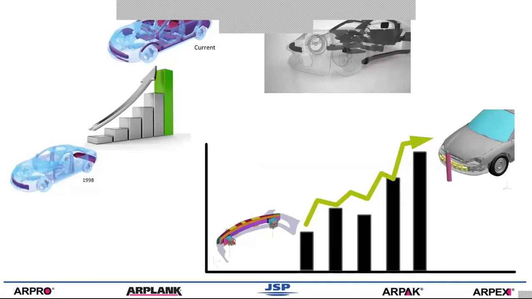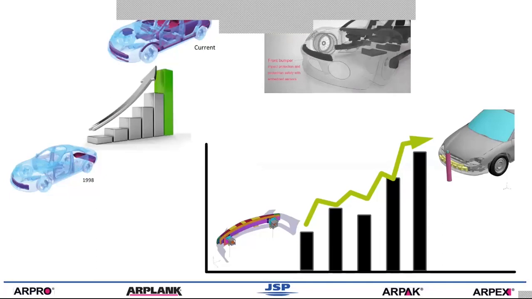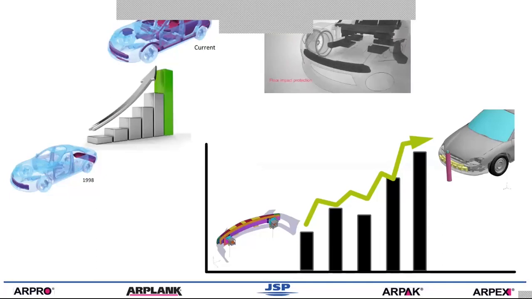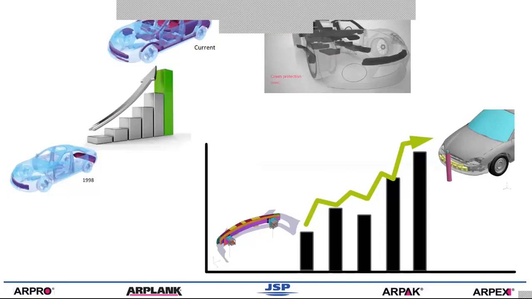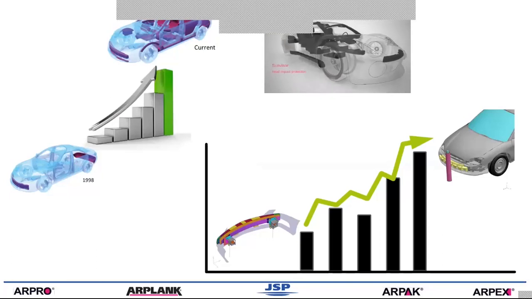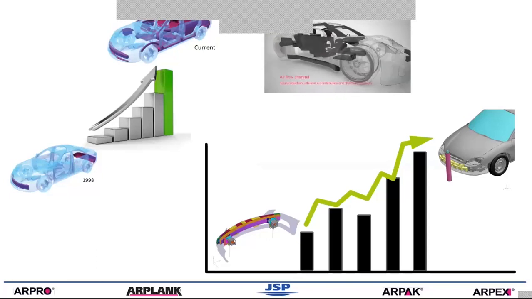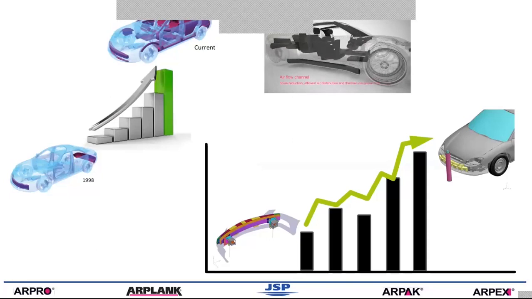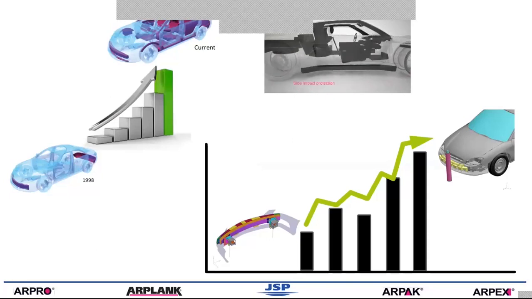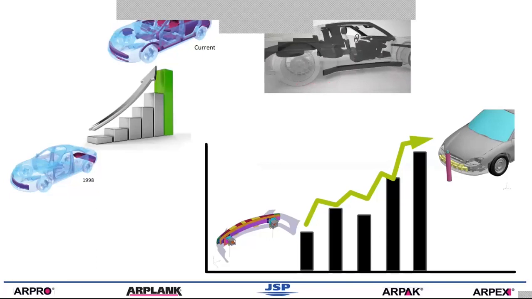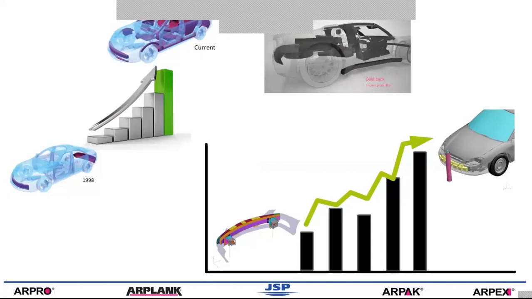So there is a big spectrum of CAE service that we do for customers, automotive and non-automotive, and the volume also, from very small components to very large automotive or both. I'll show you a few of these examples later on.